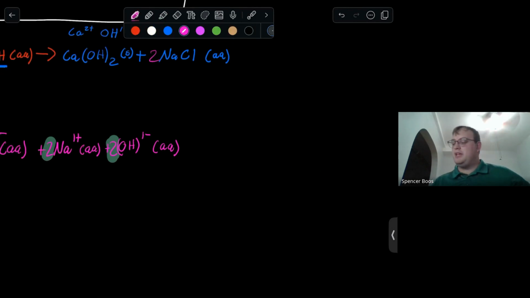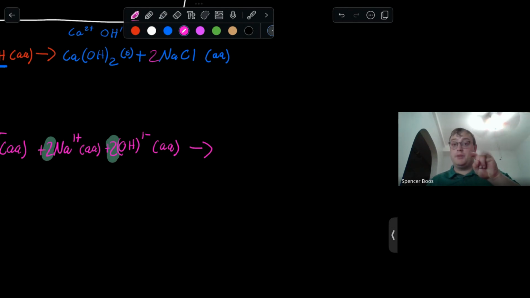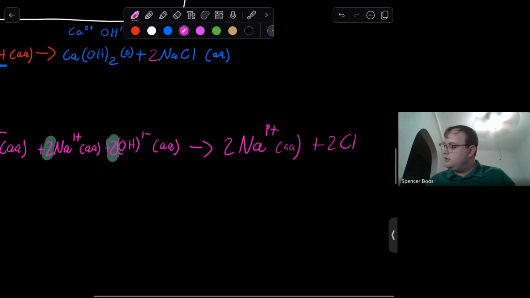All right, you may be asking, okay, well now what? Again, we got to split up our aqueous compounds. So we've got 2 Na with a 1 plus charge, that's aqueous, and 2 Cl with a 1 minus charge, that's aqueous.